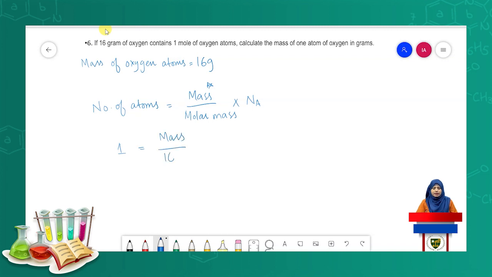Molar mass is 16 grams and Na meaning 6.02 into 10 power 23. Now we will just rearrange this.